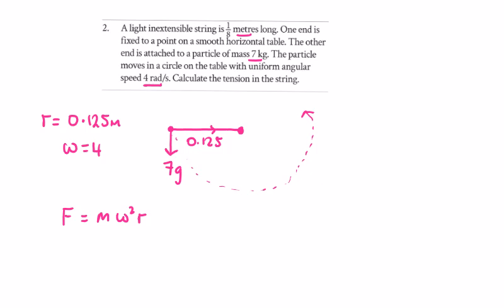So that's going to be equal to the mass, which is 7, by the angular speed squared, by the radius, which is 0.125, or an 8. Might be easier to see it as an 8. So we have 16 divided by 8 is 2, times the 7, which will give us 14 newtons for the tension in the string, which is going in this direction, which is the same as the centripetal force.